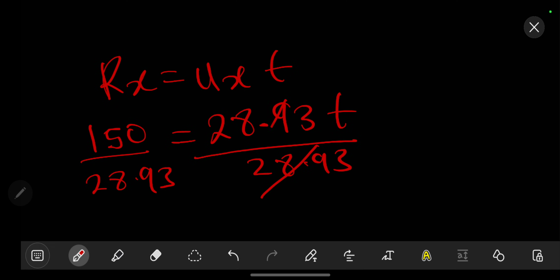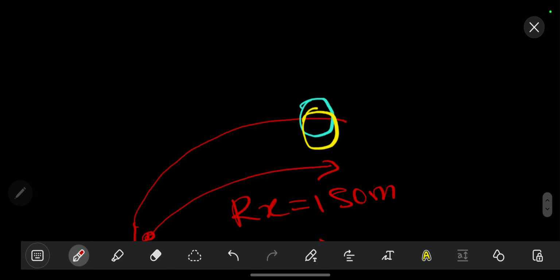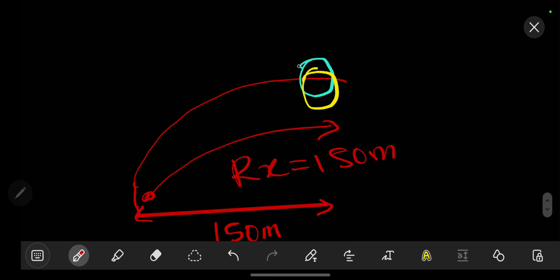So our t, which is our time, should be equal to 150 divided by 28.93. This is going to give us a value of 5.185 seconds. So this is the time it will take for the arrow to move from this point to this point like that.